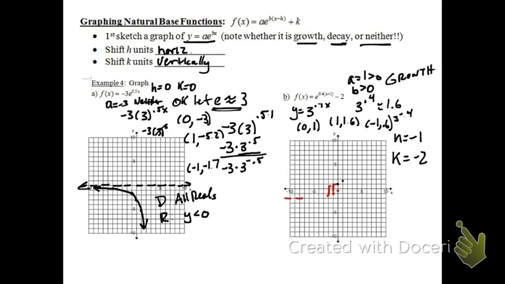Now remember, the horizontal asymptote, which was the x-axis, also got shifted to the left 1 and down 2, which now puts it at y equals negative 2. So we're going to start close to that asymptote and rise up through those coordinates, up and away like so. Domain, all reals, and the range, y is greater than negative 2.